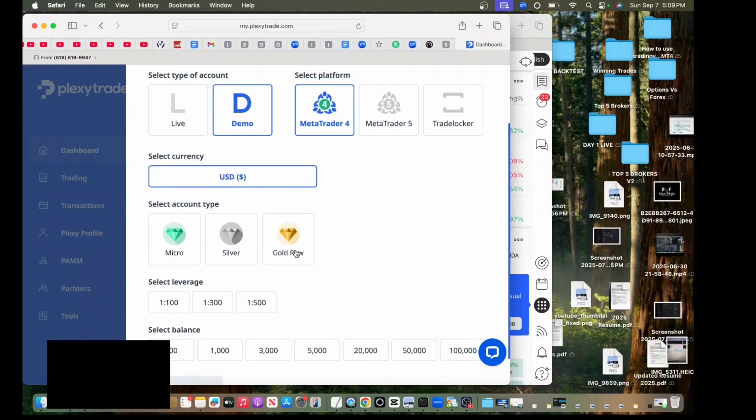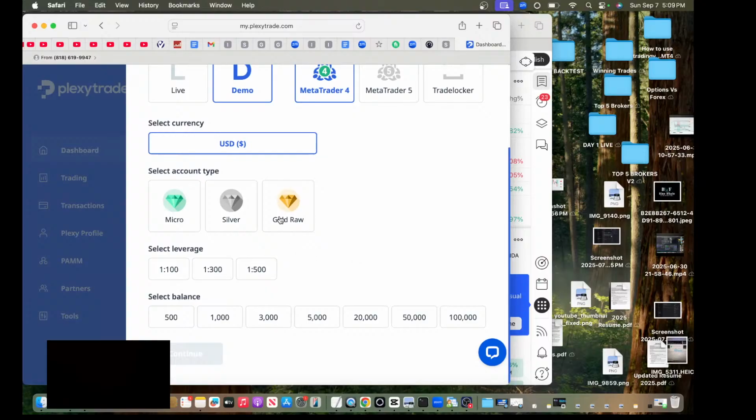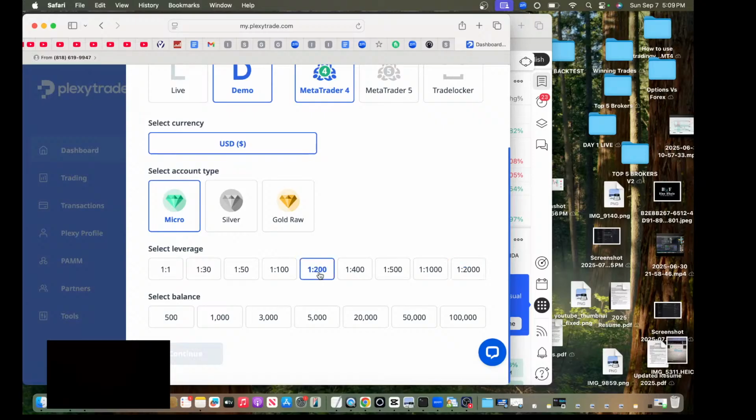If you're going to start off with anything less than $300, then you would select micro. If you have more than $300, gold or silver. Then the leverage, you're going to select 1 to 200 always. Why?